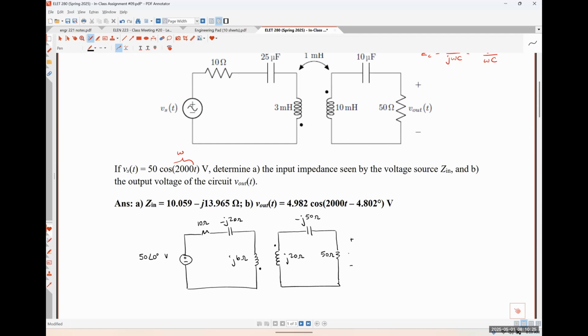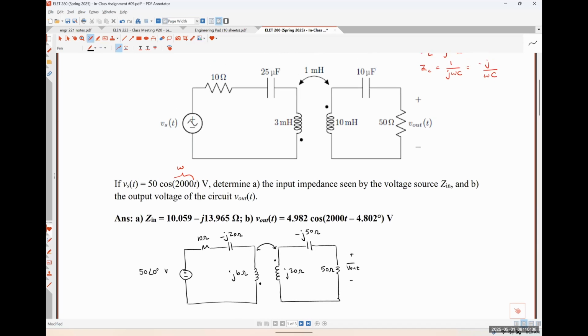I'm now going to be finding a phasor voltage V out. And lastly, I need to come up with the impedance for my mutual inductance. So that's j times 2000 times 1 millihenry.